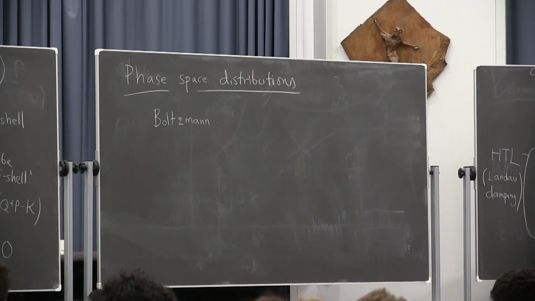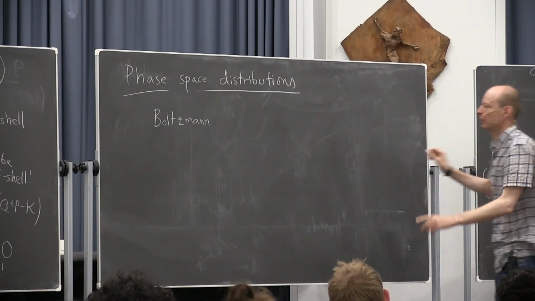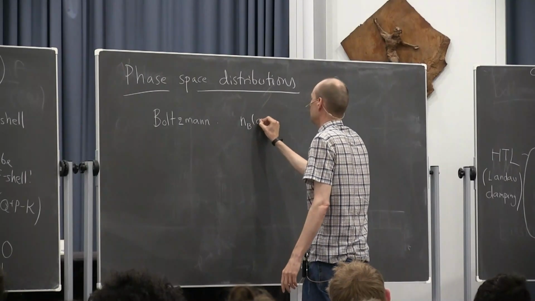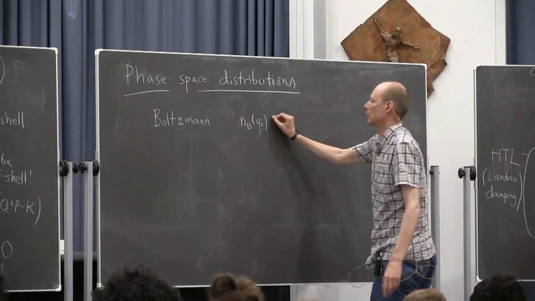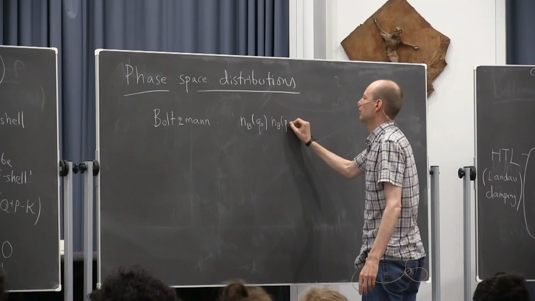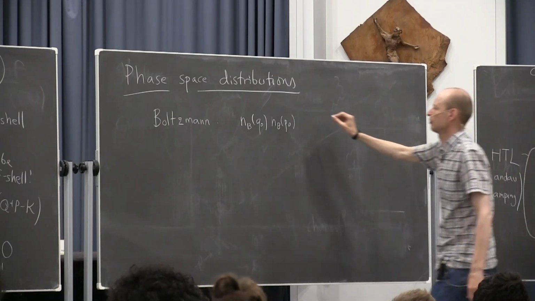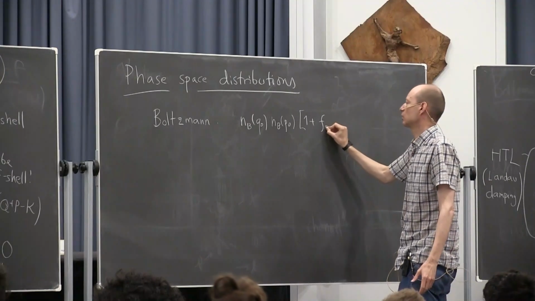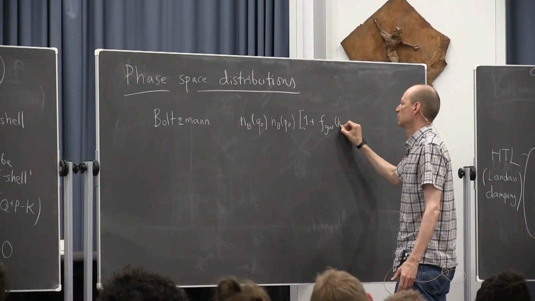First, these are in the initial state and this is in the final state. These are bosons, gluons are bosons, so I would get the Bose distribution of the gluon. I assume the gluon to be in equilibrium. I have this gluon here also in equilibrium, and then the graviton would be in the final state. So then I would have 1 plus, and the graviton I don't know if it's in equilibrium. Most likely it's not, so I'll just put in some F of the graviton.